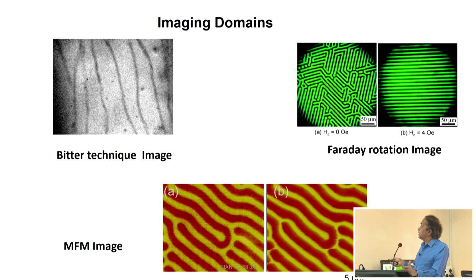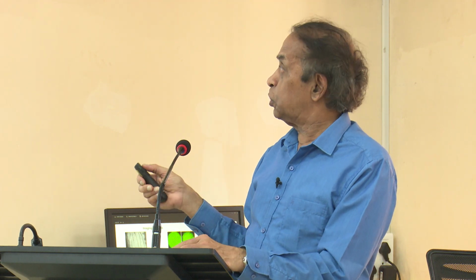The Faraday rotation imaging is similar to Kerr effect, but you look at the domains in the transmitted light. You allow light to go through your thin film sample, because the film has to be transparent for it to work. Then you look at the light transmitted with a polarizer. Depending on the grain orientation, there will be a change in the angle of polarization, and that would show up as domain structure.